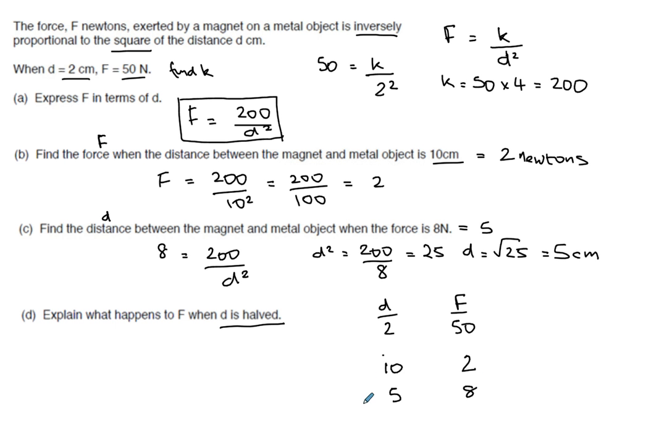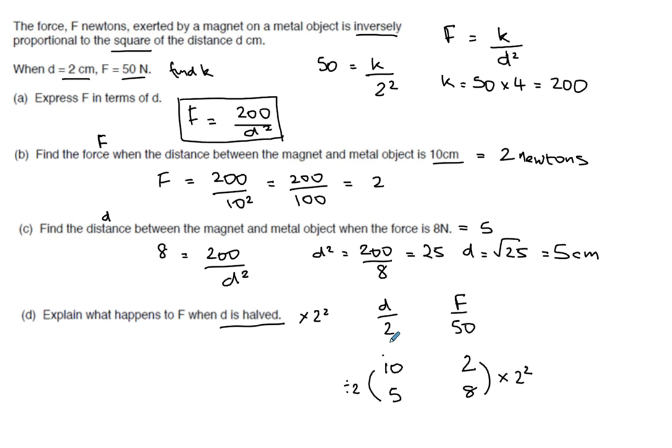So here we've actually got a case when d is halved. Can you see when it's halved, when it's divided by 2, F actually multiplies by 2 squared. The reason it does the opposite is because it's inversely proportional to the square of the distance. So it multiplies by 2 squared.